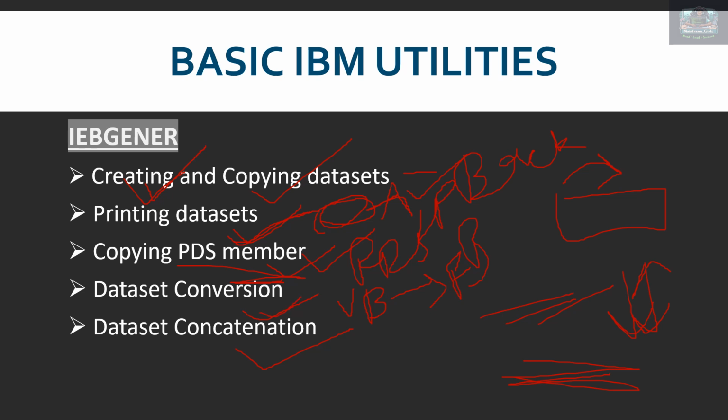So if you are sending an input data set to an output data set, suppose your input data has some basic employee information or some data about a product or anything, and you want to make some particular changes before copying it to an output data set, you can make those changes using IEBGENER. I'll show you some examples in the video, like some JCLs, and how that process works.